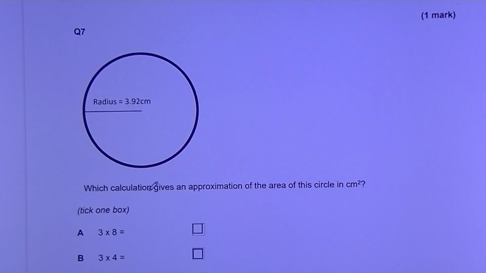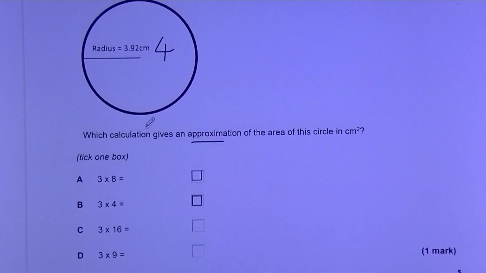For question 7, which calculation gives an approximate area of the circle in square centimetres? We've got a radius of 3.92. So for approximation, we could make that 4. To work out the area of a circle we need pi. Pi is generally 3.14, but because we're using approximation we can use pi as 3.